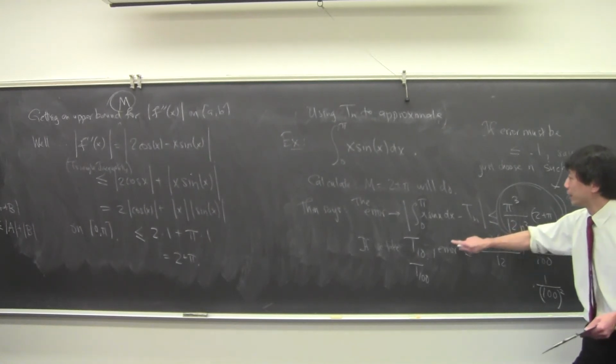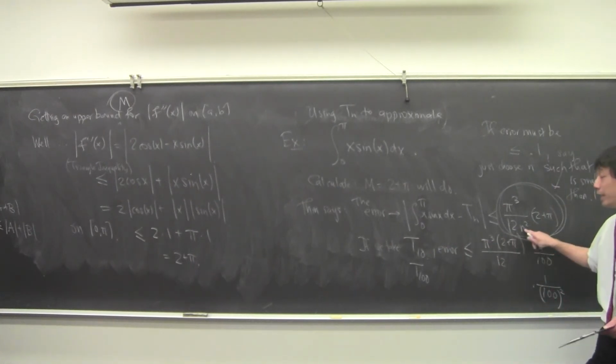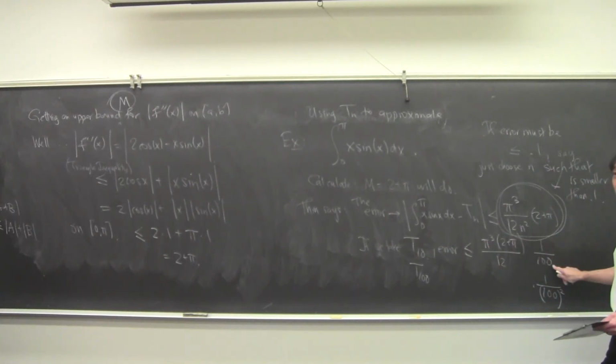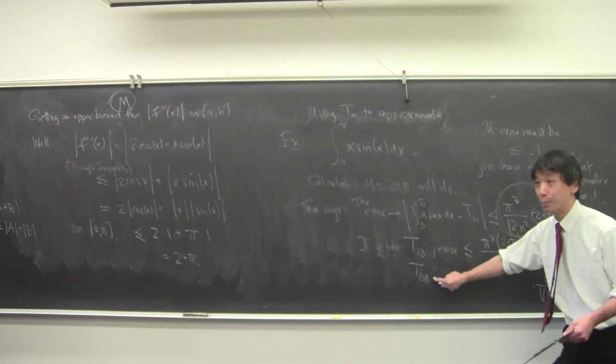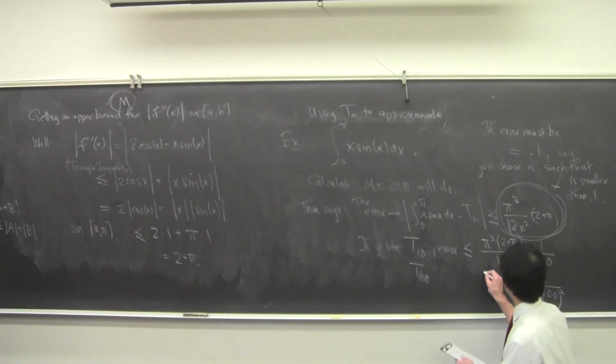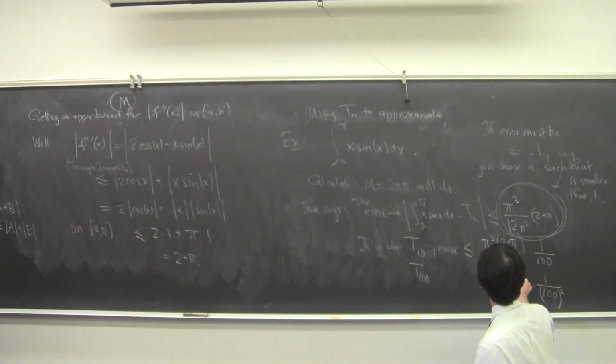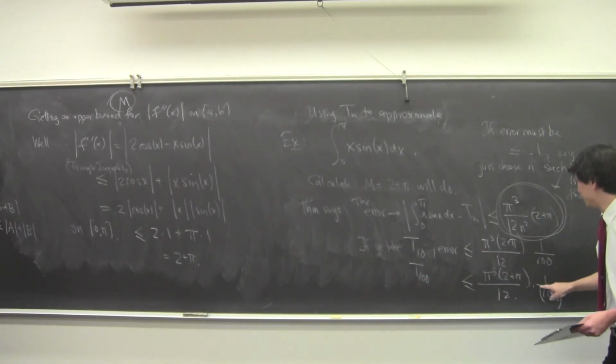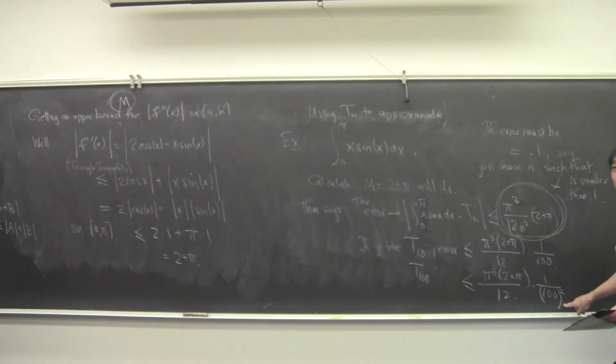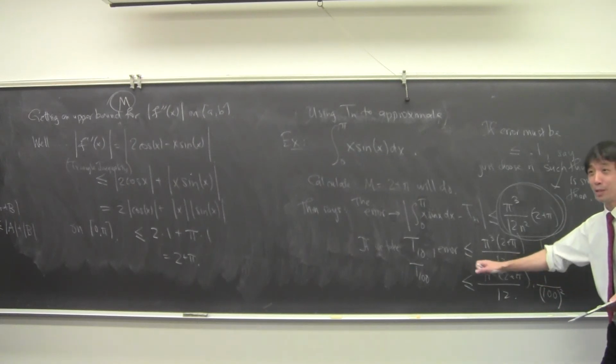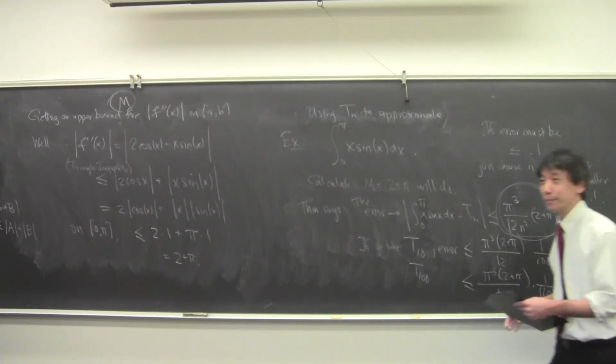If n is 10, we get 1 over 100. If we take the 100th approximation, the error is smaller than this thing times 1 over 10,000. If we take the 1,000th approximation, et cetera.